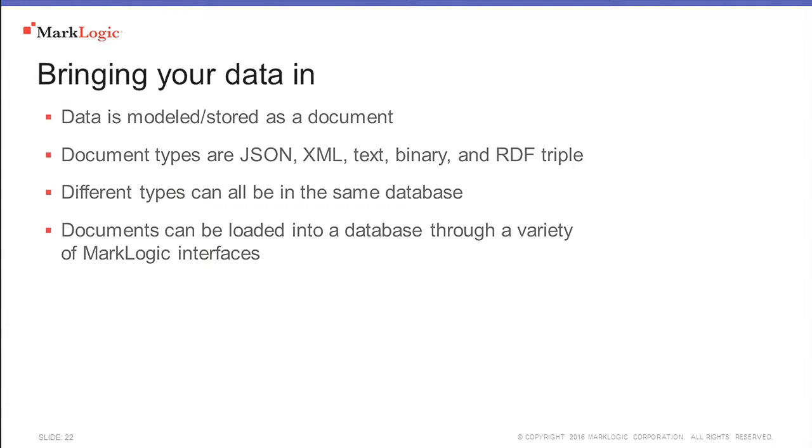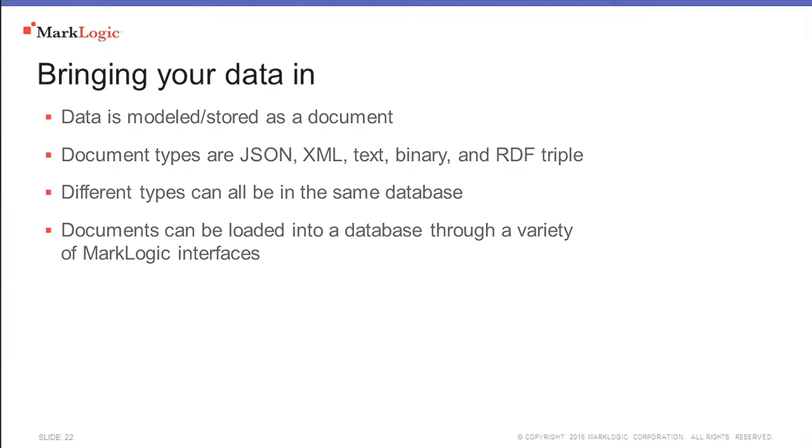Binary is if you have a document type that doesn't fit into JSON, XML, text, or triple. So if you had PDF files or Word files or Excel files or videos or images, right? Anything really, you can store in the database.